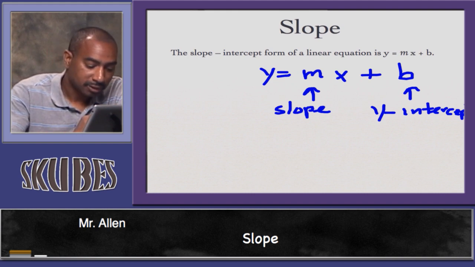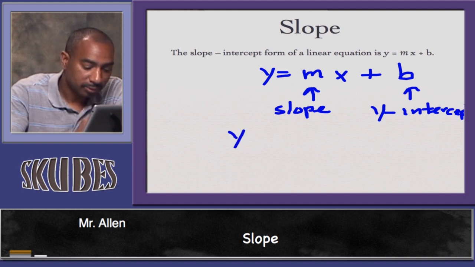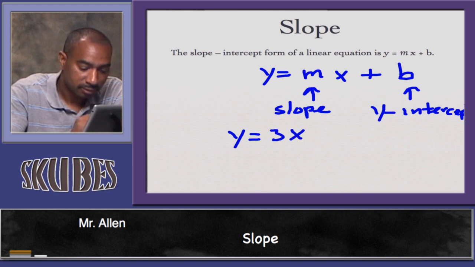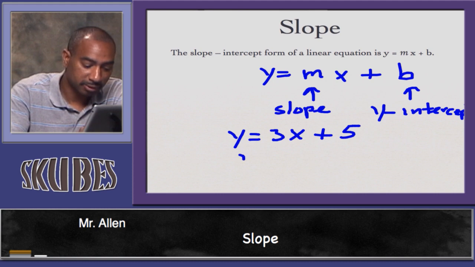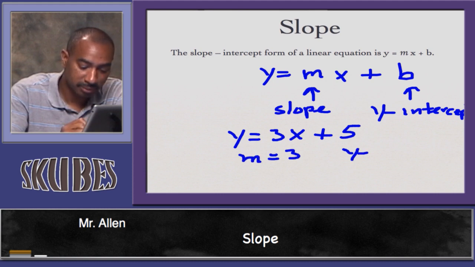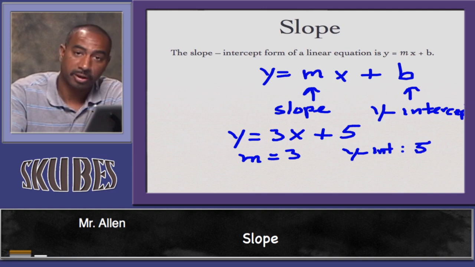So let's say I have an equation that says y equals 3x plus 5. If I ask for the slope, I automatically know that the slope is 3. And I know that the y-intercept is 5. I can just read it off.